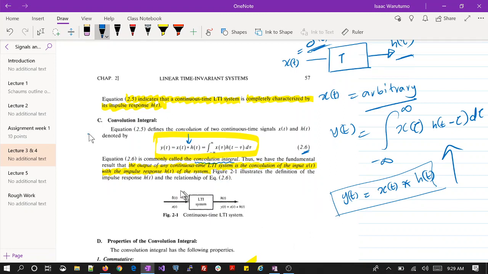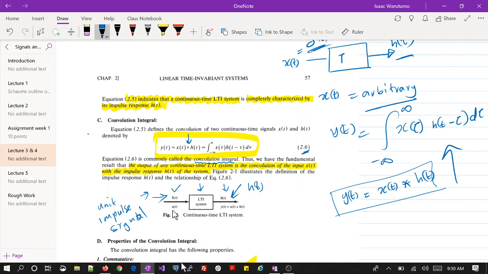Therefore, if the input is delta of t, the unit impulse, and it goes through our LTI system, then the output is the impulse response h of t.